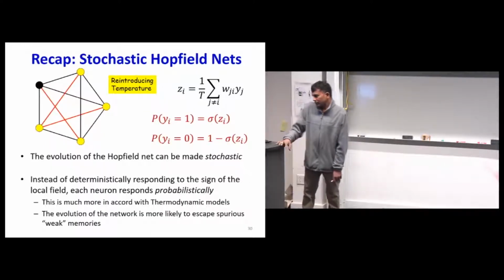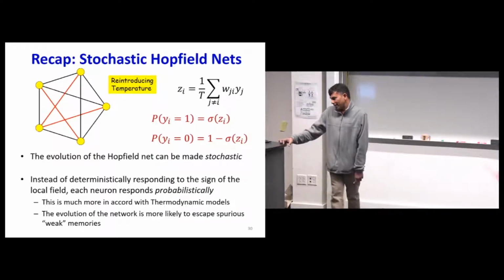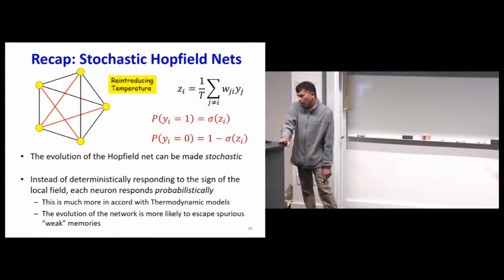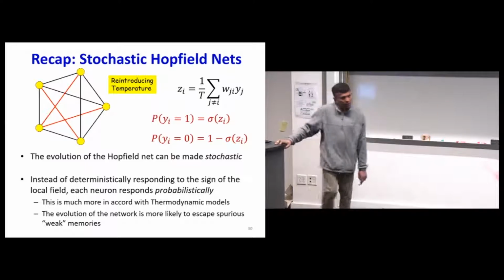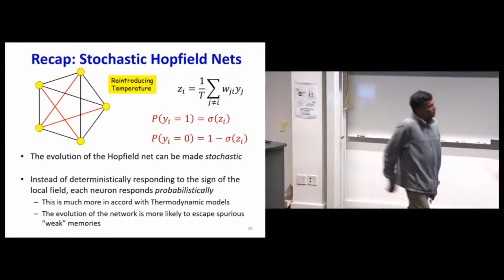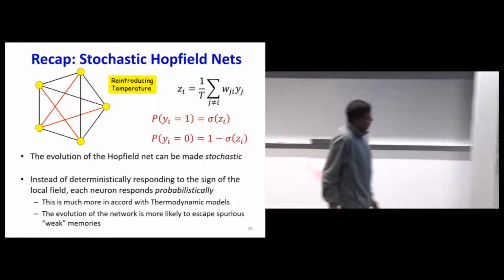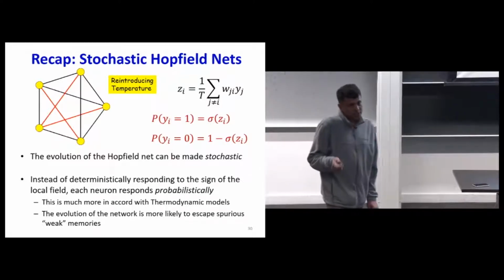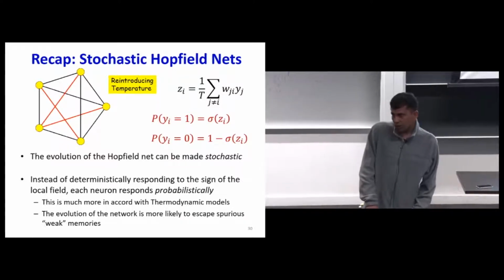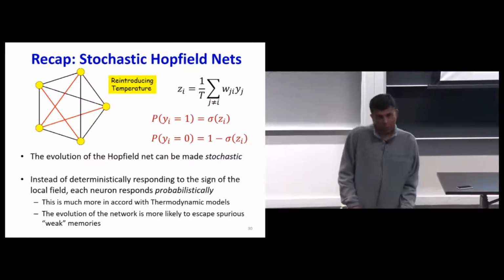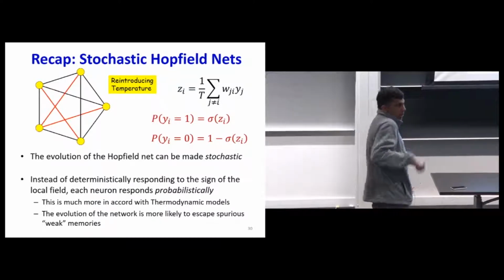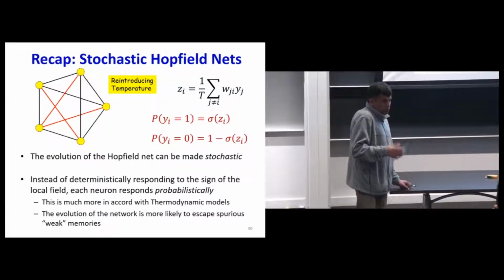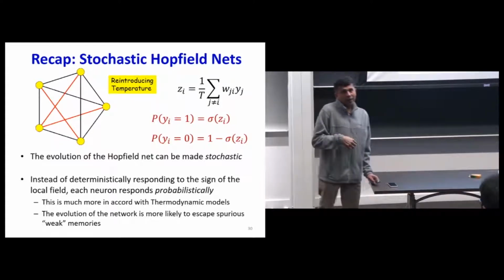So a quick recap again. The Hopfield net is actually just a probability distribution where each bit is set to 1 or 0 according to a probability, which is the logistic computed over the affine combination at that bit.